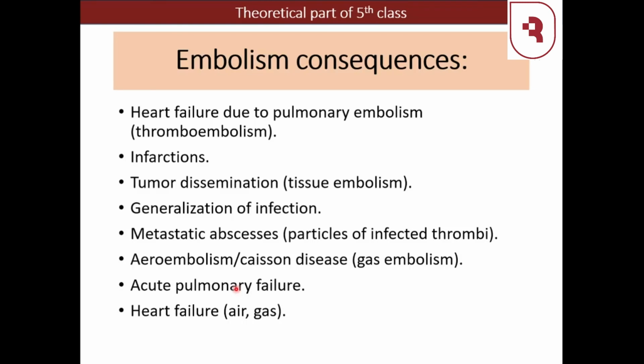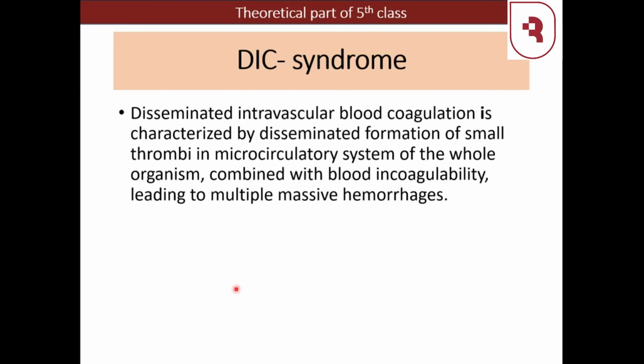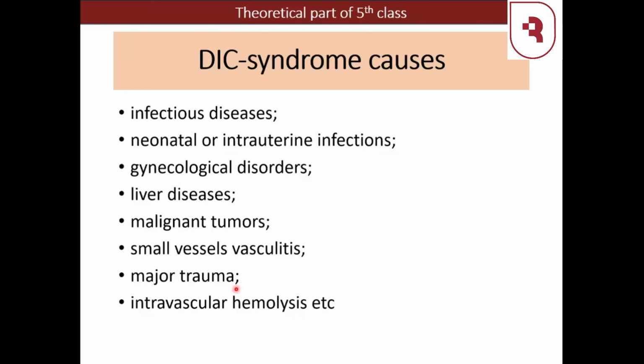DIC syndrome is a disseminated intravascular blood coagulation syndrome associated with disseminated formation of small thrombi in the microcirculatory system of the whole organism, combined with blood incoagulability, leading to multiple massive hemorrhages.